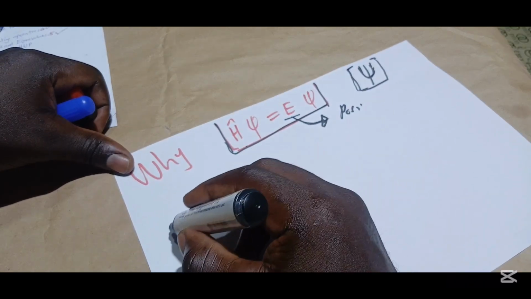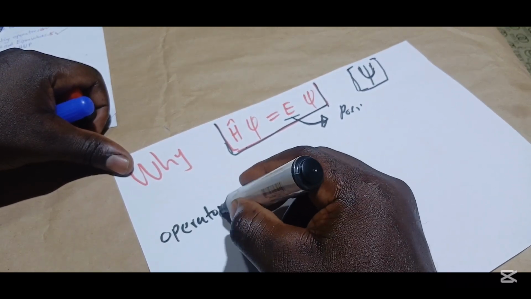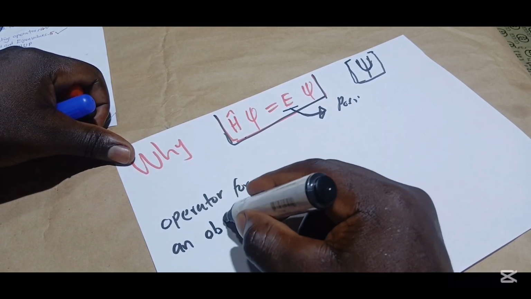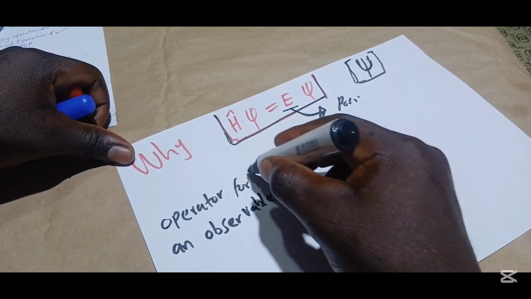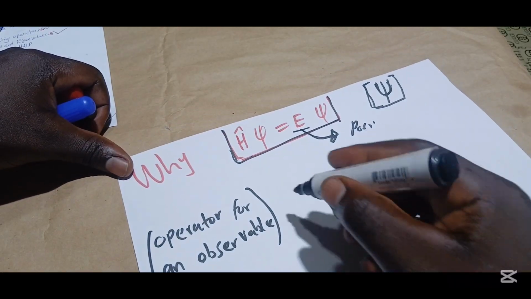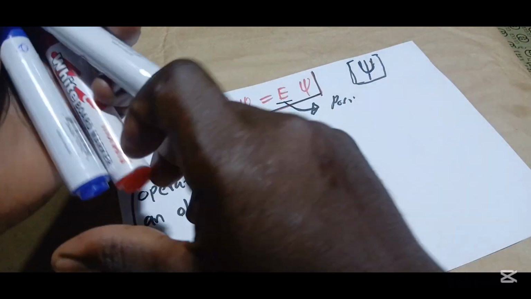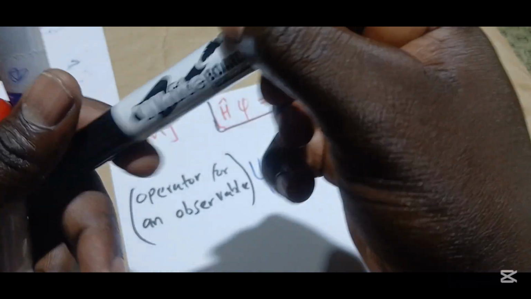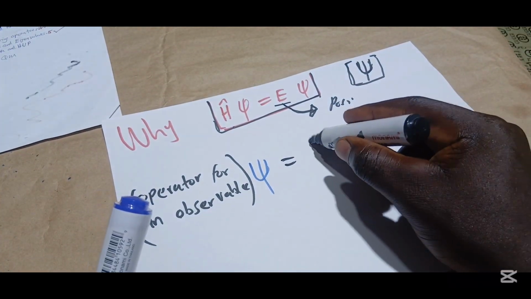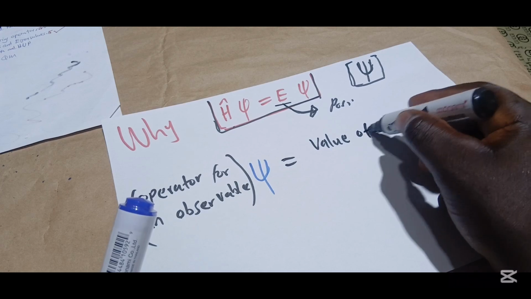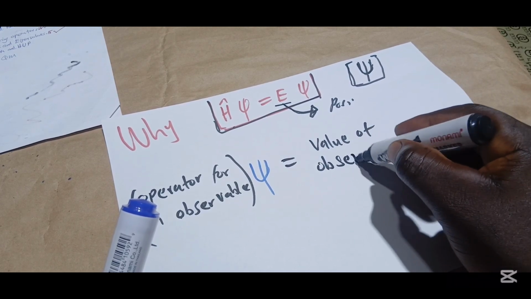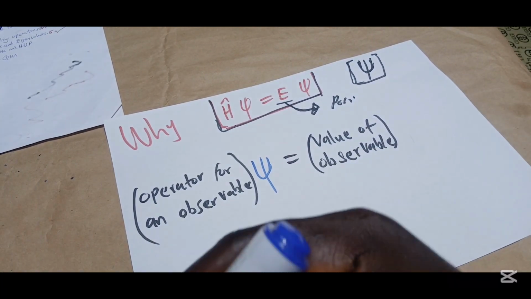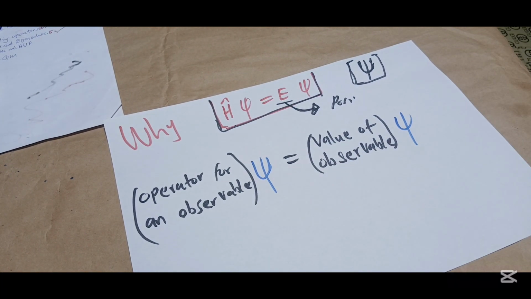So we have an operator for an observable operating on the function to give us the value of the observable and the same function again, right?